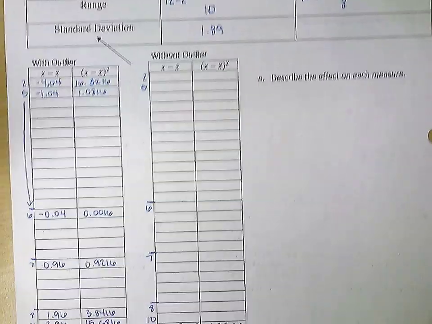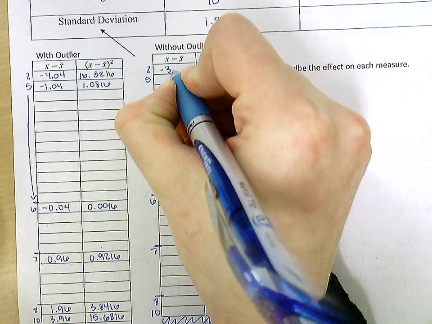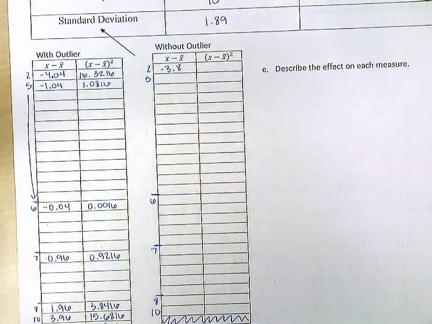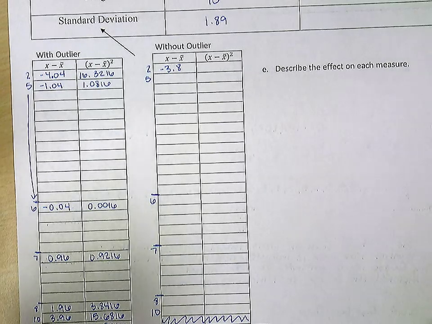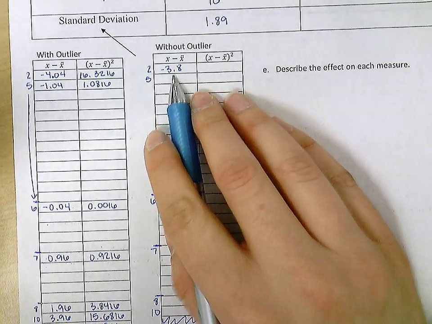So we have 2 minus 5.8. Then I just need to square this value.